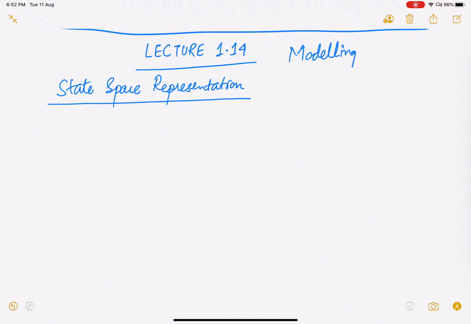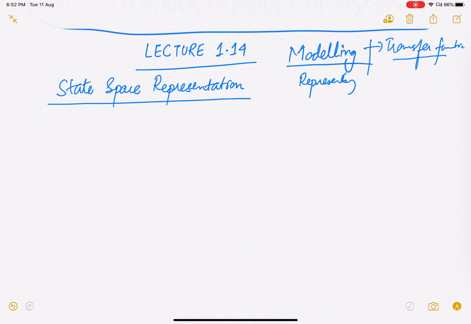So what we are trying to do is to find out mathematical models for various systems and processes. So one model that we have studied is the transfer function model, right? And we have seen how the transfer function model helps us in representing the system dynamics in a compact and convenient way, right?